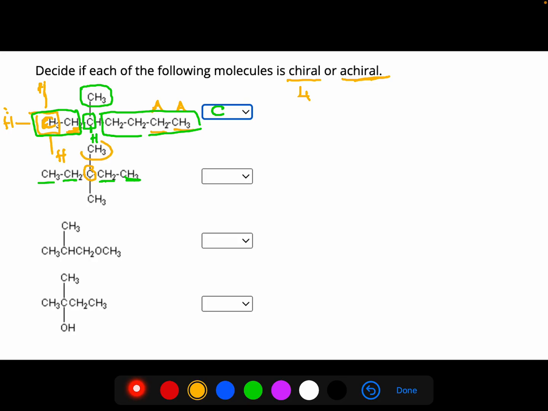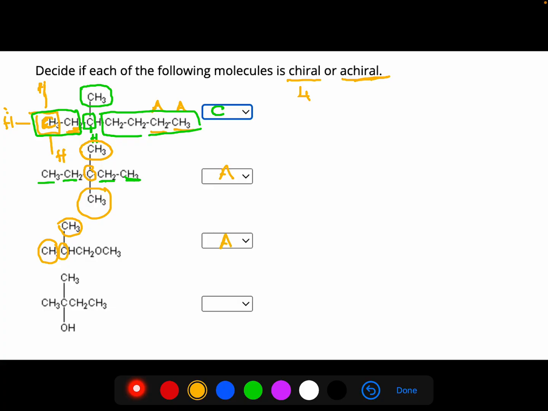So I can focus on this carbon. On one side it's connected to CH3. On the other side it's connected to CH3. So there are two CH3s on the same carbon, so this is achiral. I can come and look here. On one side is CH3. On the other side it's CH3. So there are two CH3s on the same carbon. That is achiral.